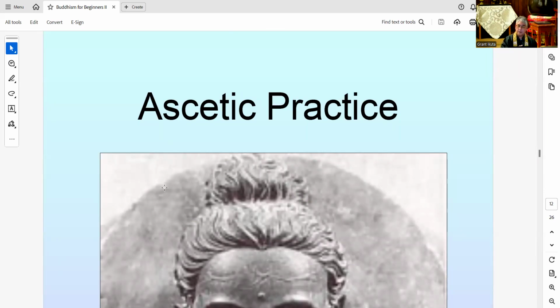So he decides himself to do what we call ascetic practices. There was a belief at that time in India that one can sever the impurities of the body and get to the purities of the mind. And so in order to do that, the belief was you had to do these very hard practices. And so he starts these ascetic practices.